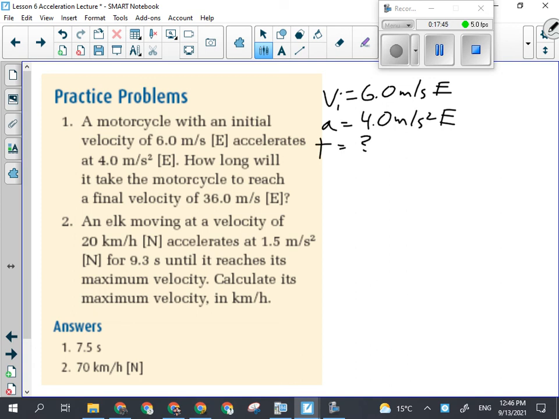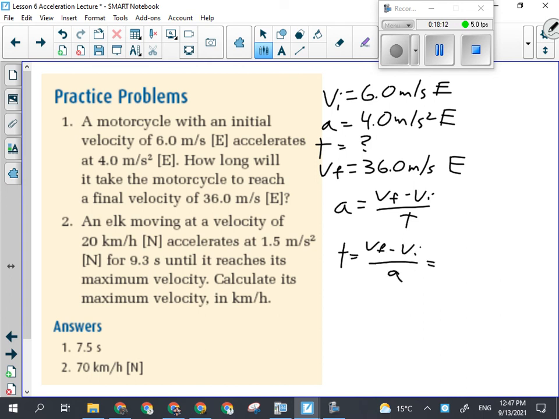And our final velocity is 36 meters per second east. All right, so acceleration equals VF minus VI over T. That's the formula I have to use because it's the only one I have all the information for. I'm solving for time, so I'm going to multiply both sides by time, divide both sides by A, and be left with this.